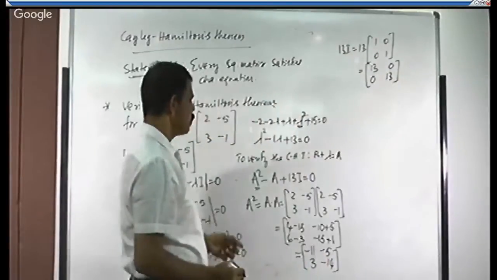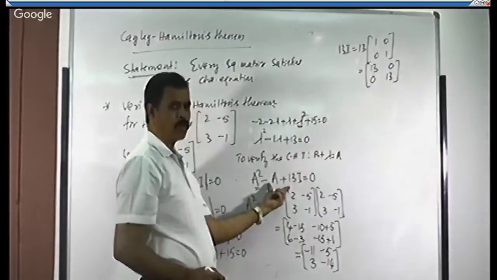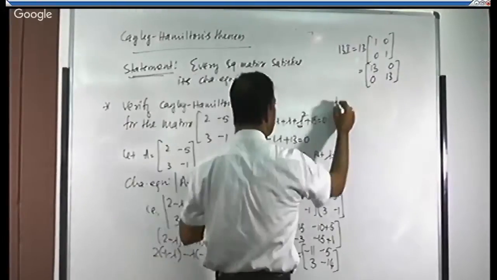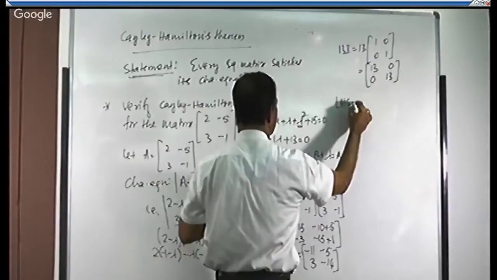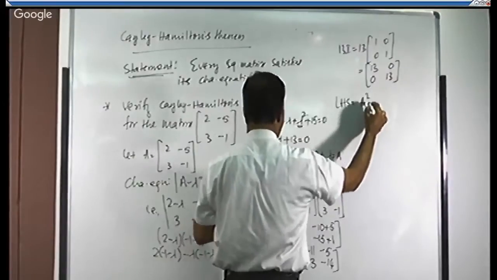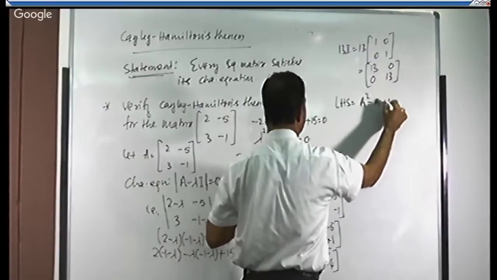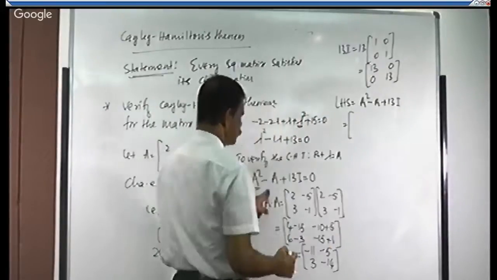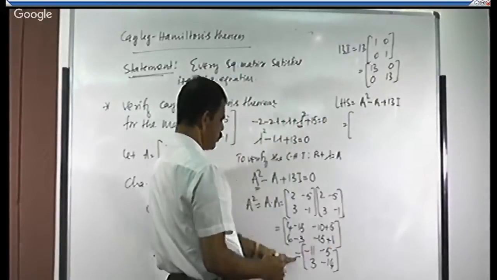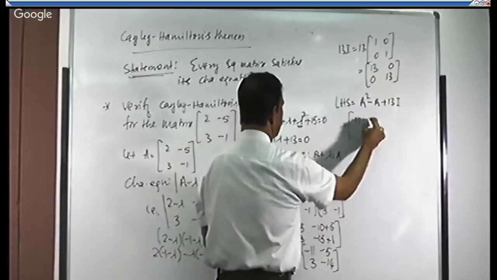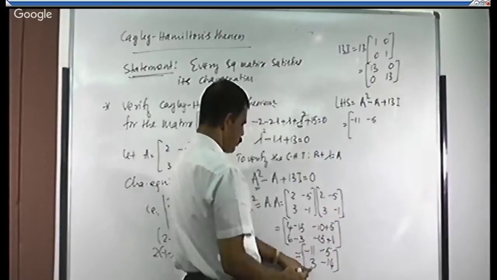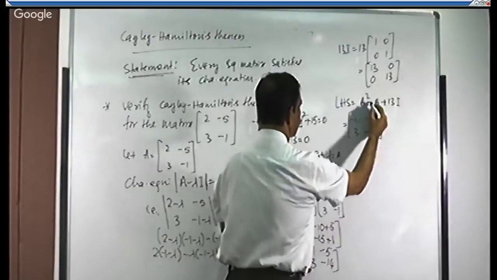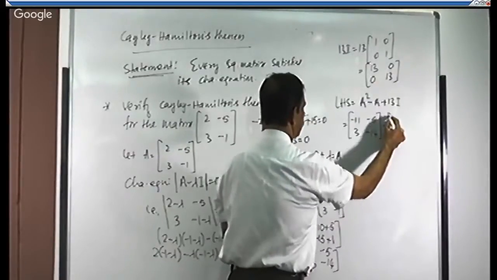So we got all the parameters to substitute in the given equation. What is the left hand side of the characteristic equation? It is a square minus a plus 13i. Write a square. A square is equal to minus 11 minus 5 3 minus 14. Sign minus a.